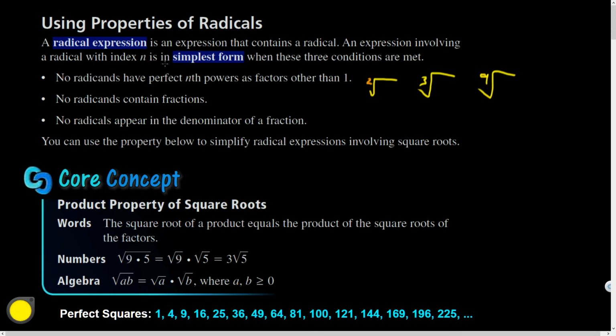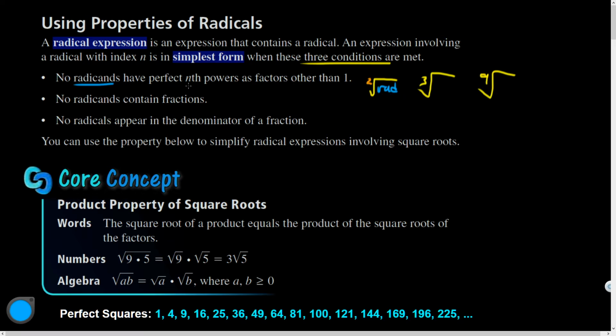And so an expression involving a radical with index n is in simplest form when these three conditions are met. First, no radicands have perfect nth powers as factors other than 1. The radicand is whatever's on the inside of the radical.